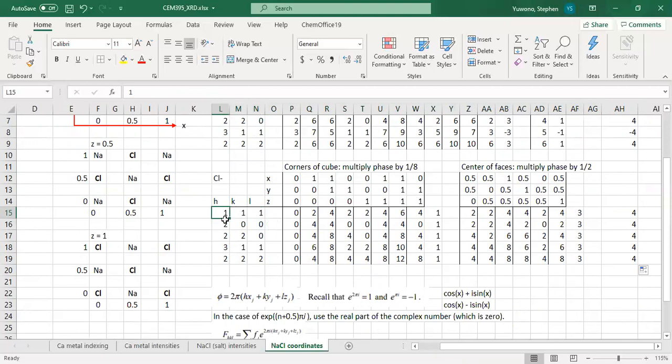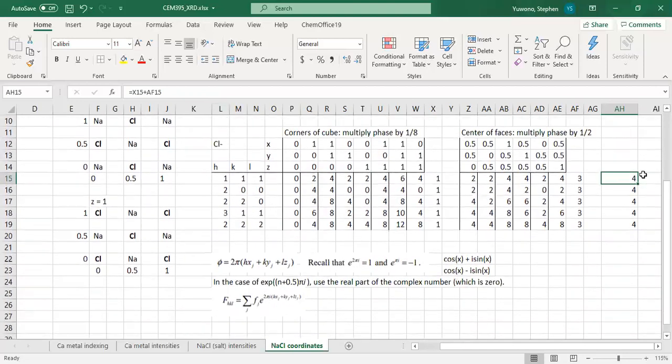Now, if you try to, for example, do a calculation with HKL equals 100, which is not part of the FCC Miller indices, you will find that it will not contribute to the diffraction, and the sum here will be 0. And because this is 0, you can see that when we try to calculate the capital F, it's going to be 0. So you will not see peaks coming from that particular plane.